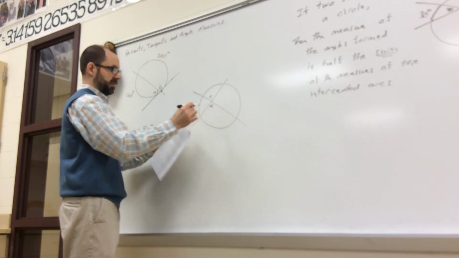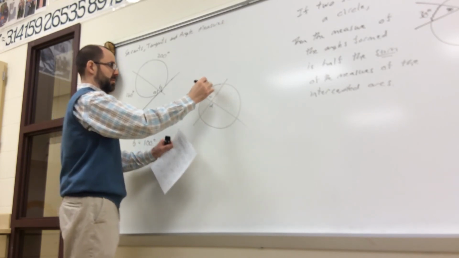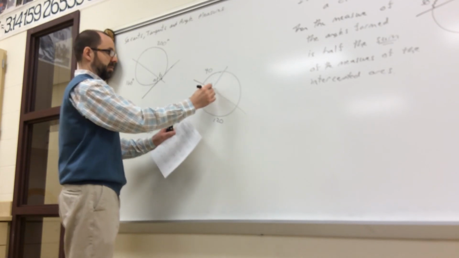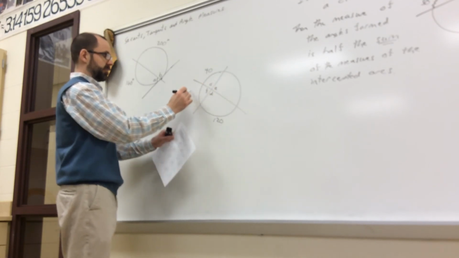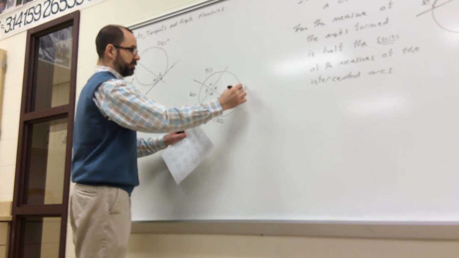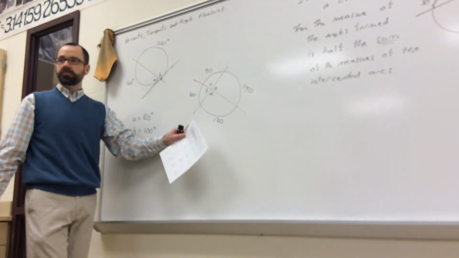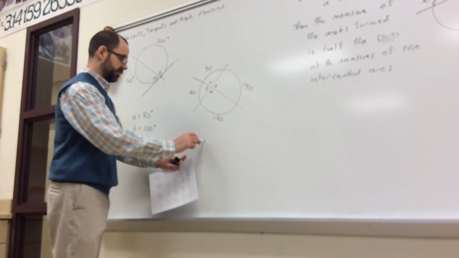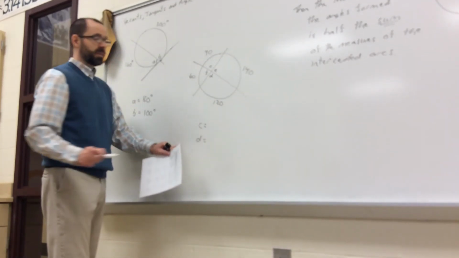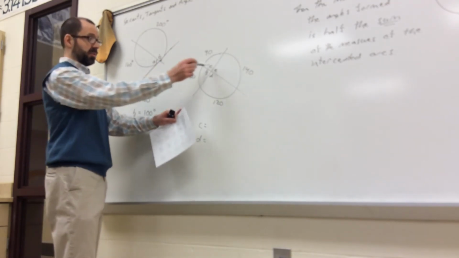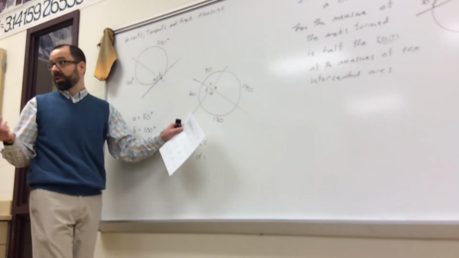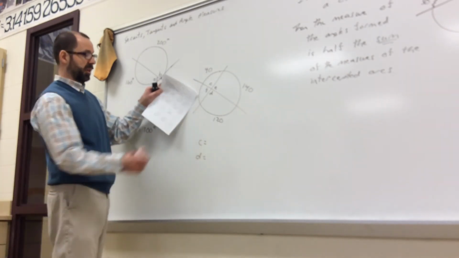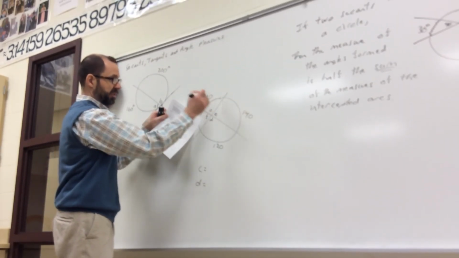C and D. And E and F. So let's go for C and D first. C and D are across from each other. They're called vertical, so they're going to be the same. And C and D have to do with the 40 and the 120.